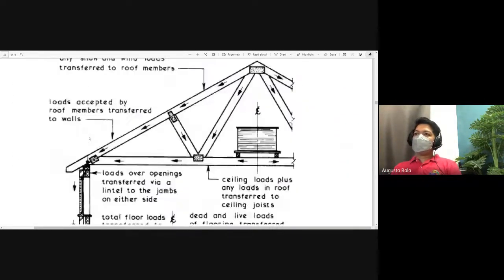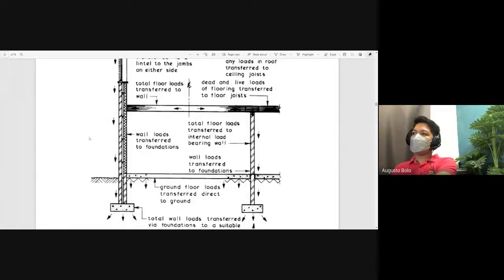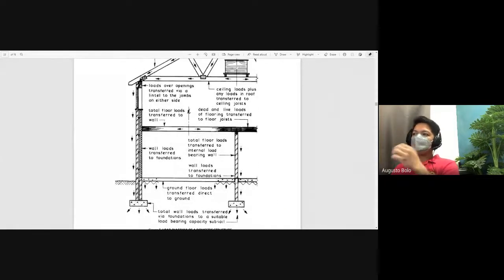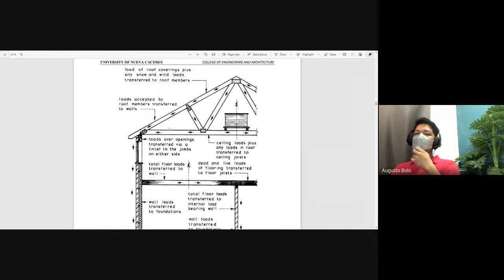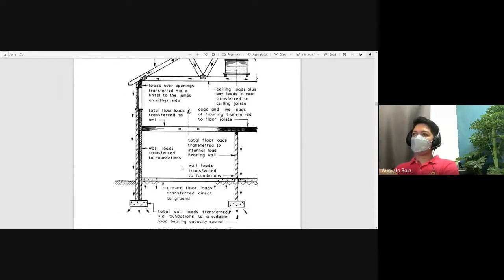Okay, next. These on the illustration, I don't need to elaborate this one, but this is more of the load diagram on your structure. Any types or any parts of the components of your building has its load, either upward or otherwise, and any other parts of the structure has its own load.